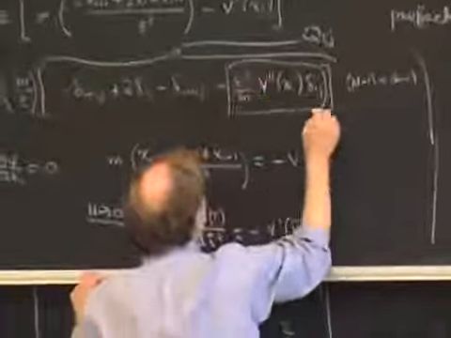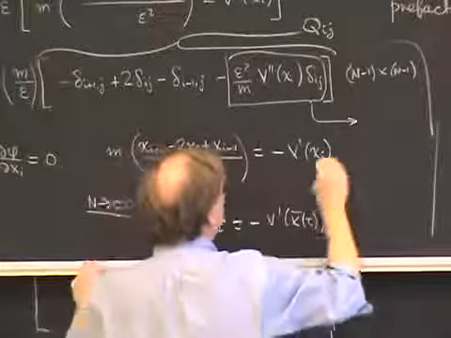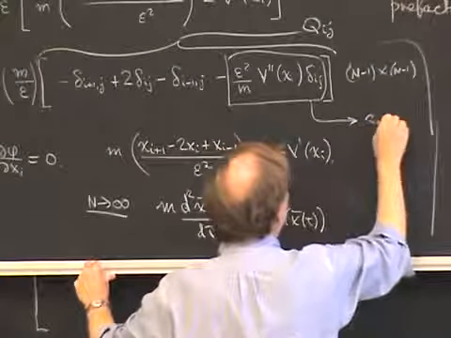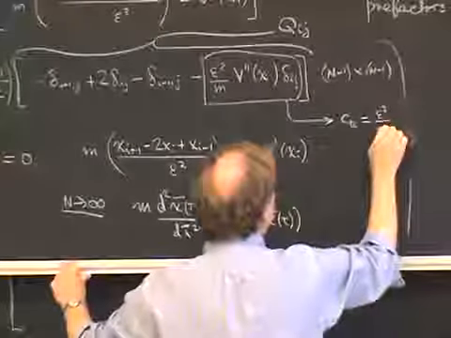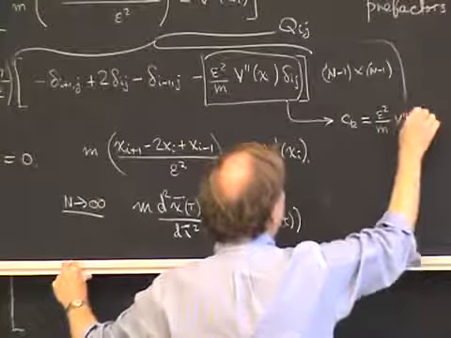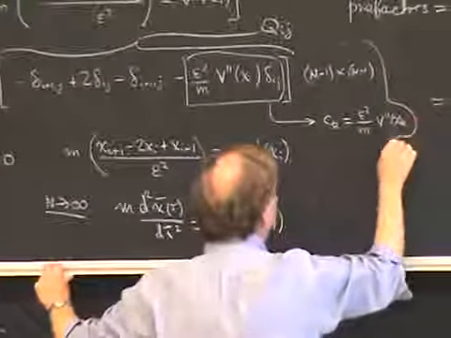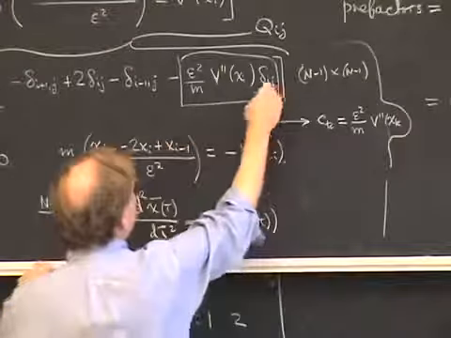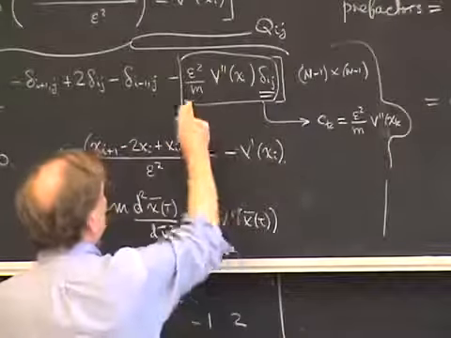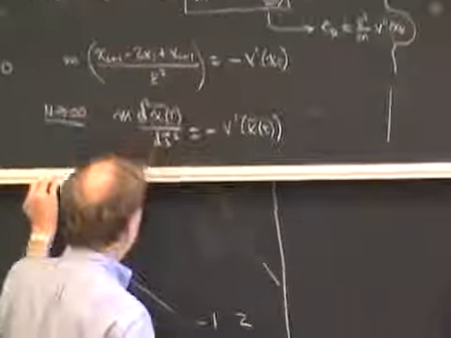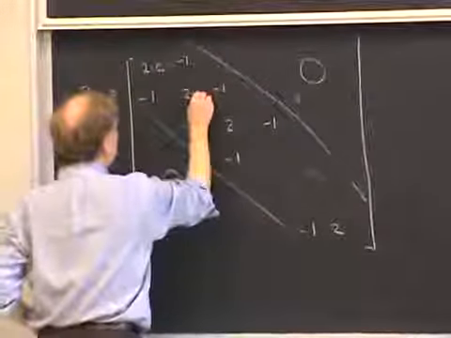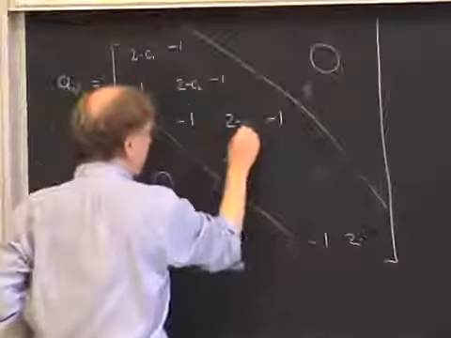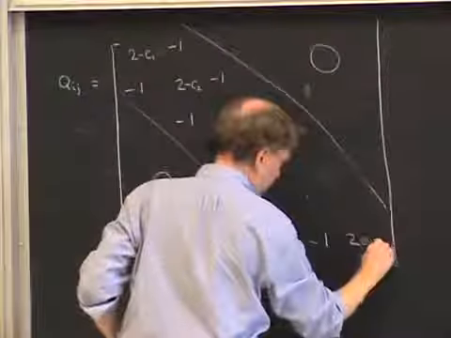And in order to avoid safe writing, let me call C_k equal to epsilon squared over m times V double prime evaluated at x_k. And this is times the diagonal elements, delta_ij, so I need to subtract C_k from the diagonal elements. And so I get 2 minus C_1 here, 2 minus C_2 there, going all the way down to 2 minus C_{N-1}.